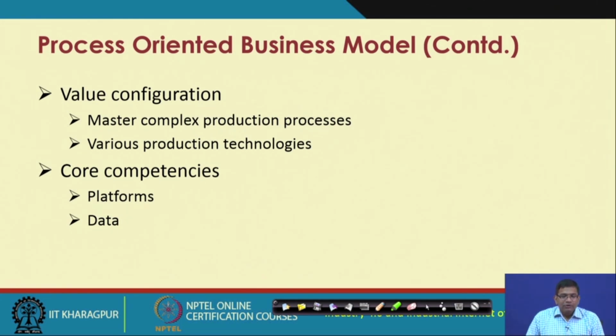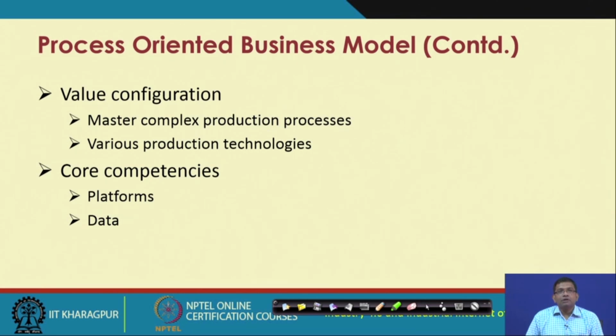So, in terms of the value configuration, we are talking about mastering complex production processes. We are talking about a complex production process where not just one kind of business will be involved, but multiple businesses might be involved as well. So, mastering this complexity is very important, and also trying to deal with various types of production technologies.